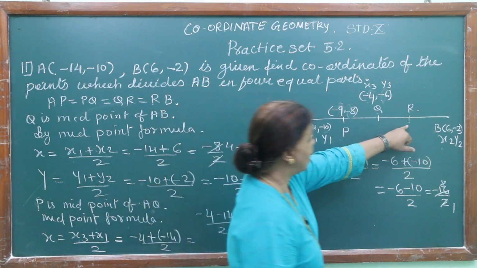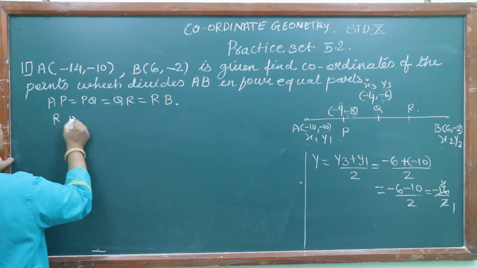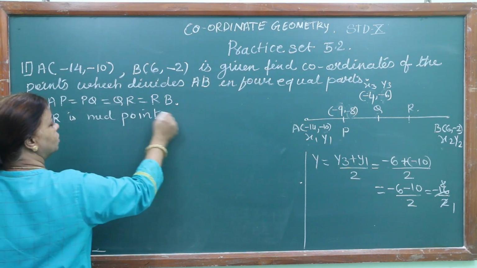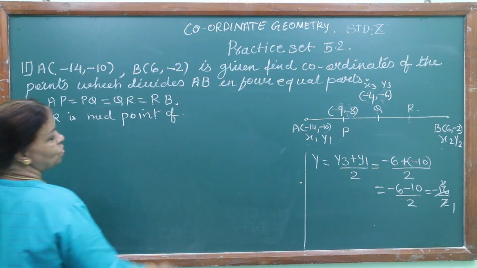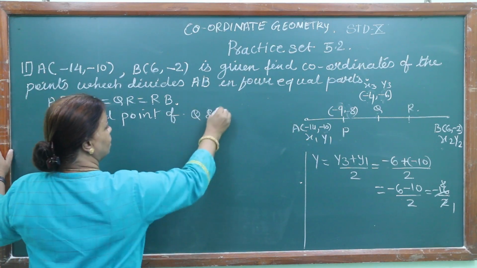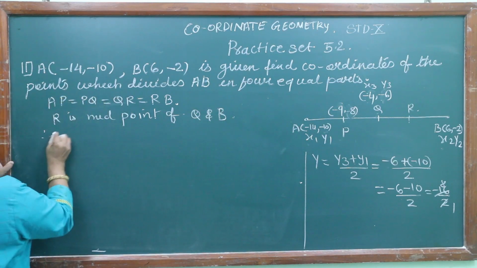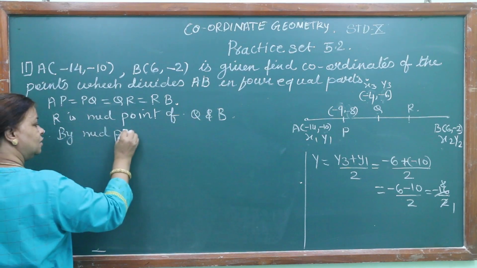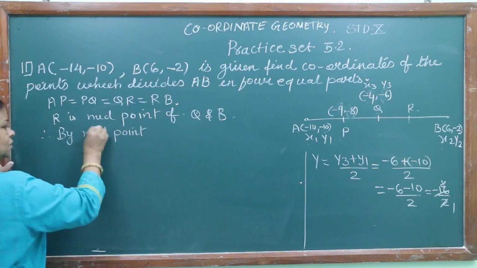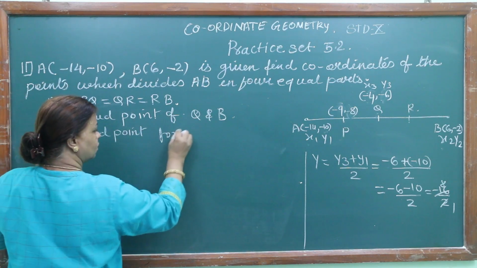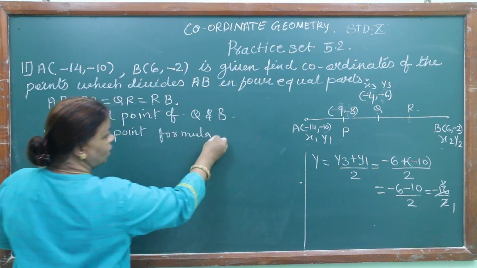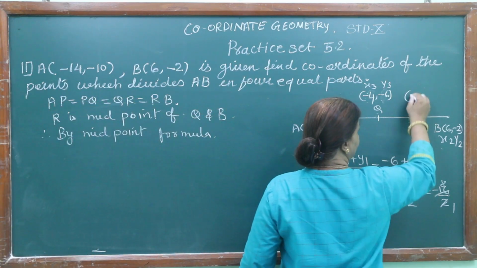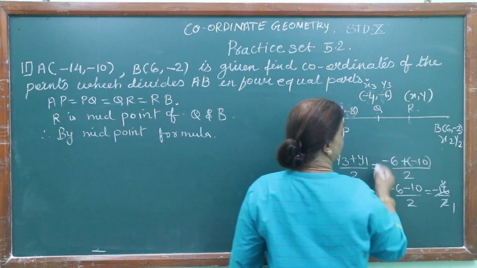Let us go for R. R is midpoint of Q and B. Therefore, by midpoint formula, now if R is the midpoint, we want to find out coordinate of R. Let us take it as xy.